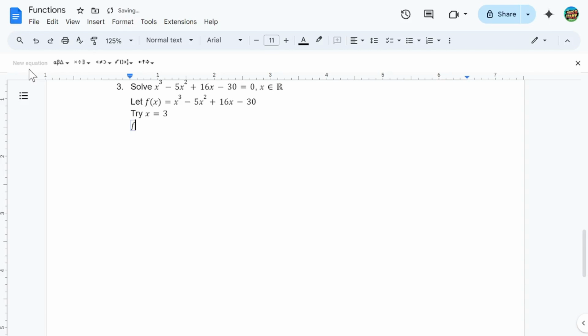So x equals 3, and function of x, which is function of 3, equals 3 to the power of 3 minus 5 times 3 to the power of 2 plus 16 times 3 minus 30. And this will give us 0.